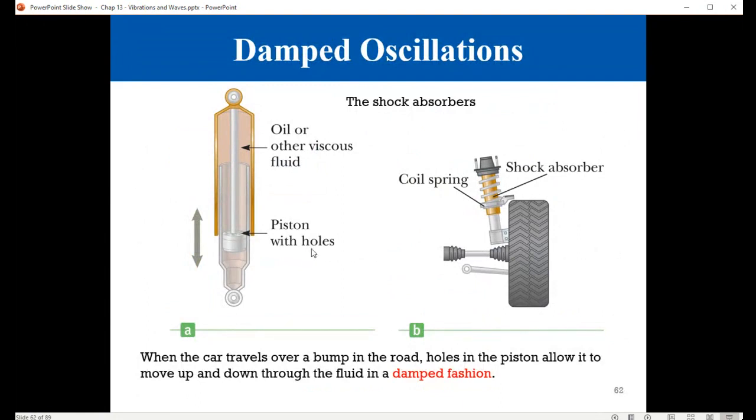So here there is oil inside the shock absorber, and there are holes in the piston, and usually it is viscous. There is viscosity for the oil, there is friction. So together this acts to resist the oscillation and to create the damping.